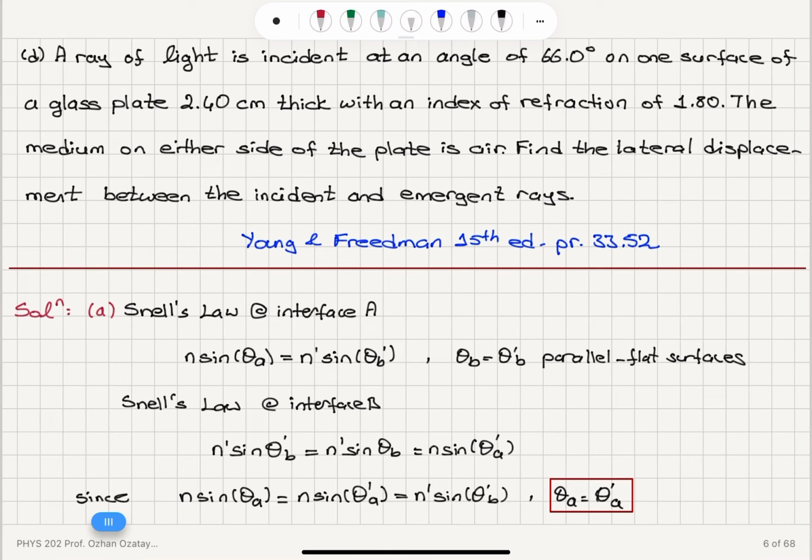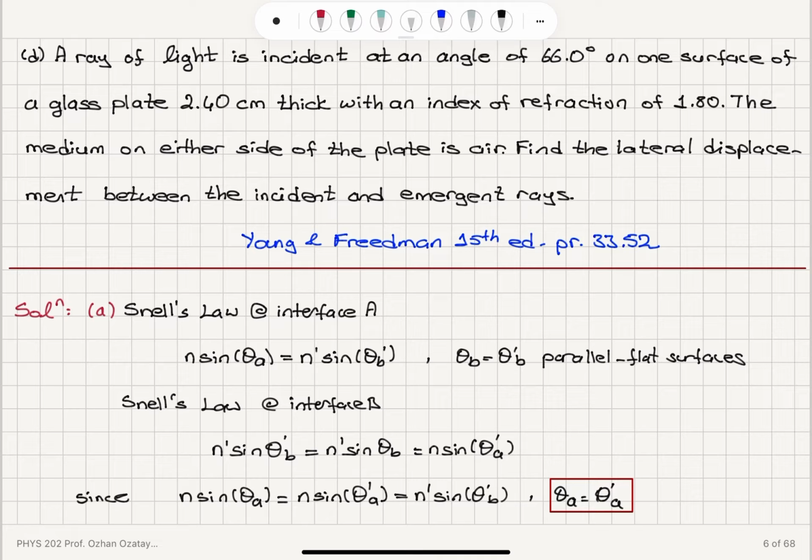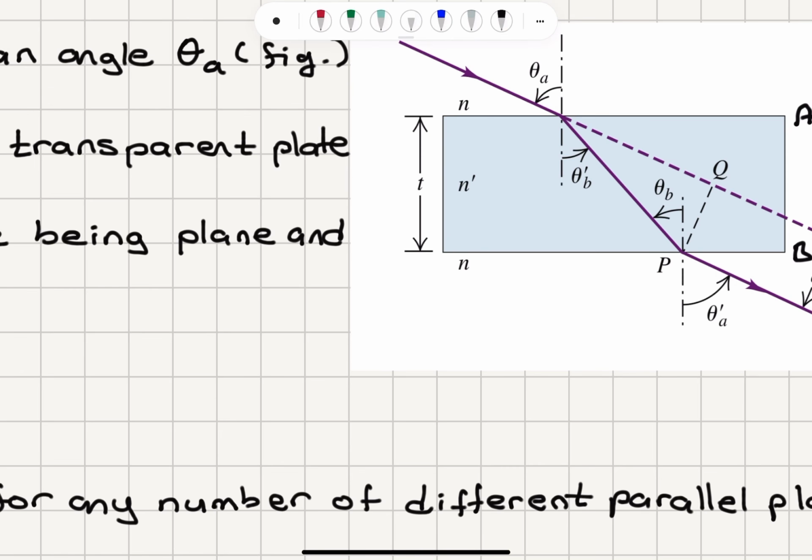First of all, writing Snell's law at interface A, n sine theta A is n prime sine theta prime B. We obtain this formula, and theta B is equal to theta prime B. Why? Because we have flat parallel surfaces, so these two angles should be the same.